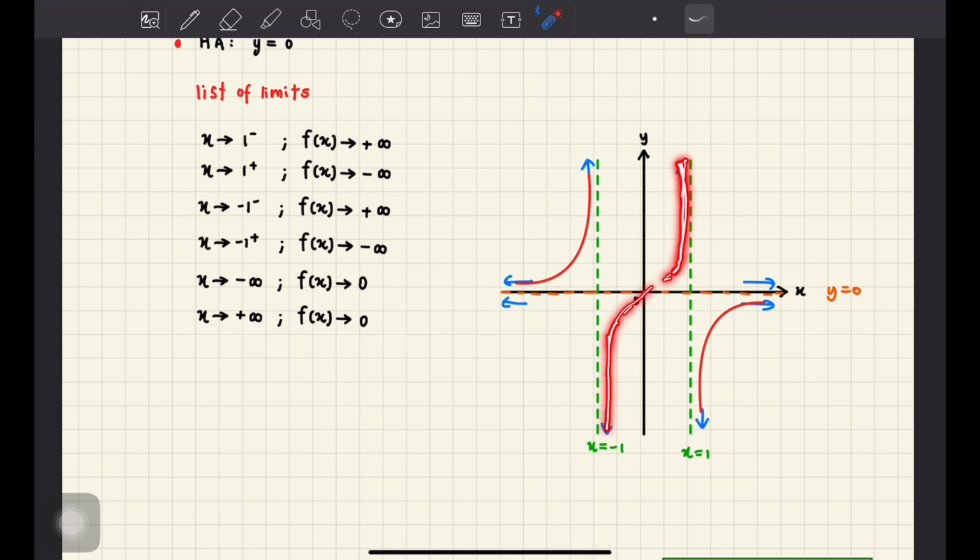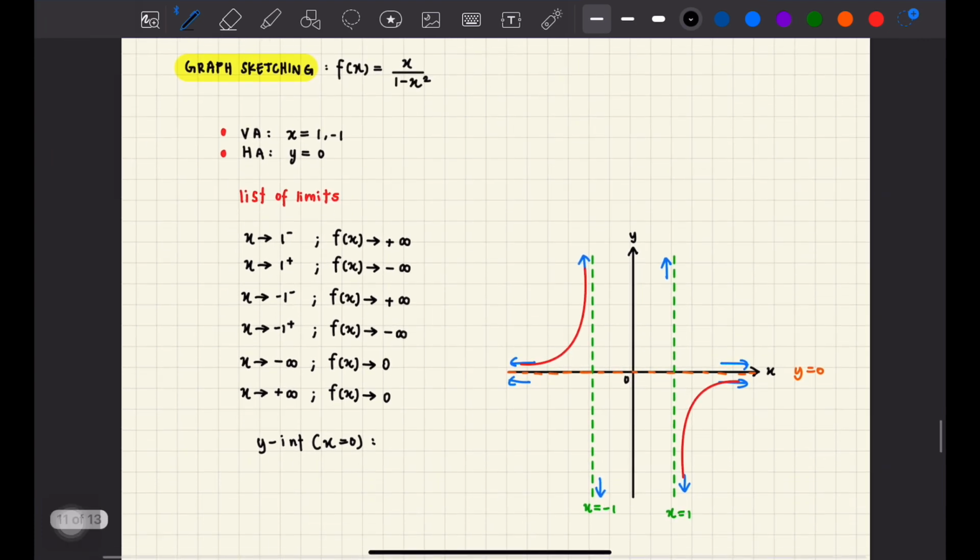So what we can do over here is we can clearly see that it might have a y-intercept as well as an x-intercept. So let's find it here. Let's say I find the y-intercept. Y-intercept is when x equal to 0. So what is our function? This is our function.